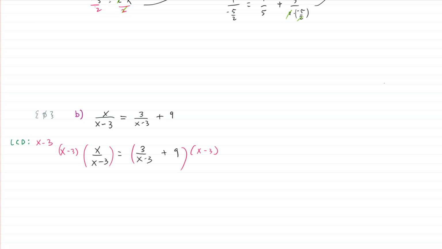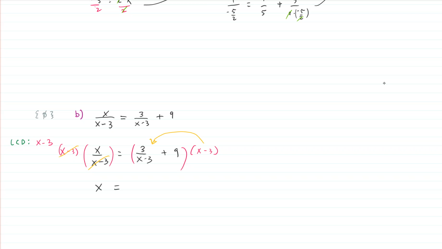And on the left, everything cancels and we just get x back. On the right, when we multiply through to the first term, the x minus 3 and the x minus 3 cancel, and we're just left with 3.